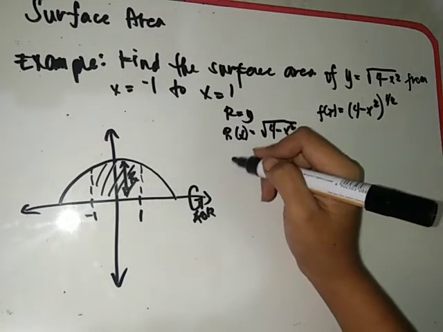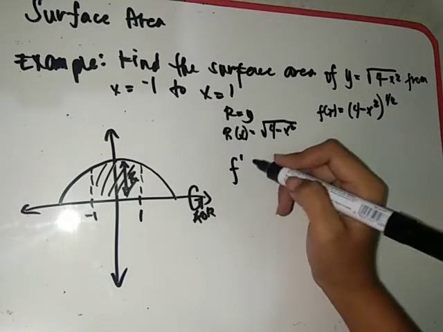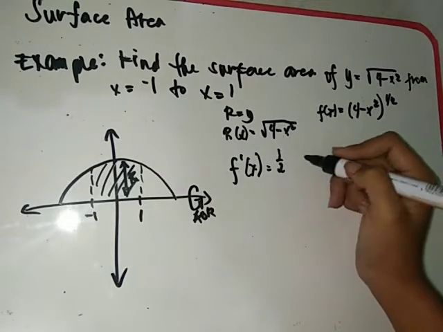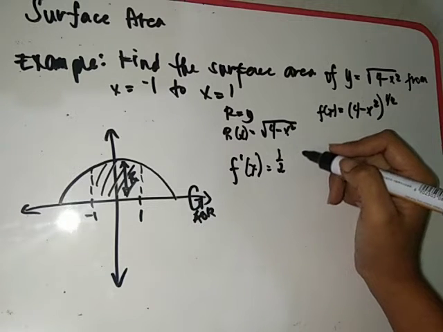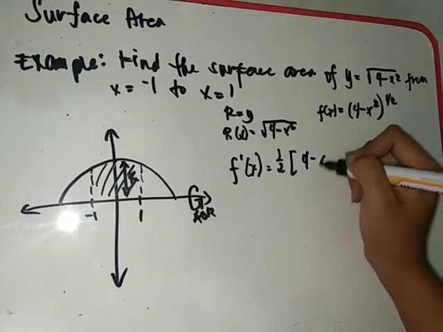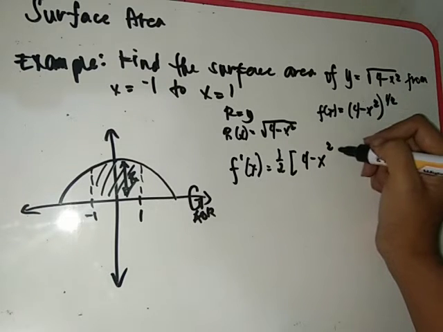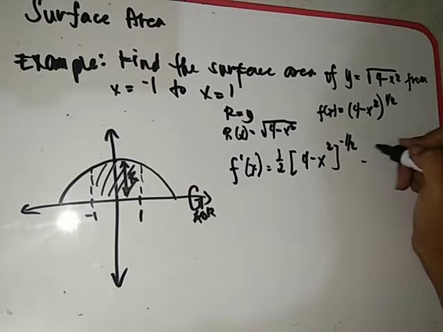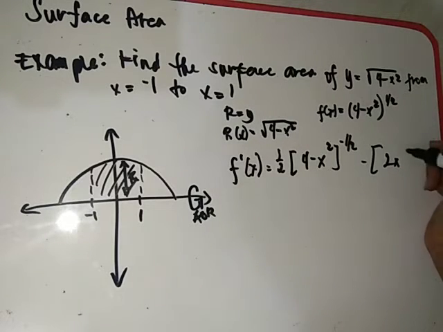So we have f prime is equal to 1/2 quantity 4 minus x squared raised to negative 1/2 times negative 2x.